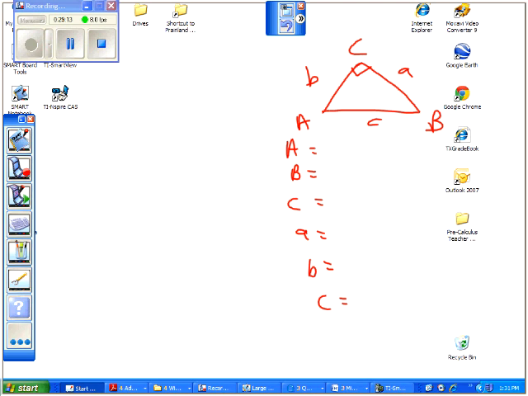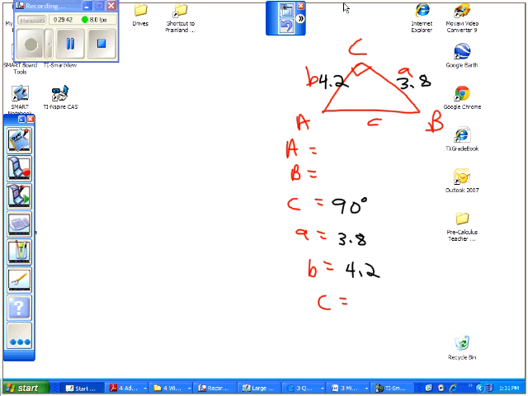Okay, this time they gave us that little a was 3.8. They gave us that little b was 4.2. So little a is 3.8, little b is 4.2, angle C is 90 degrees, and that's all we know. And we don't have either of the acute angles, so we're just going to have to pick one to try to find first, right?